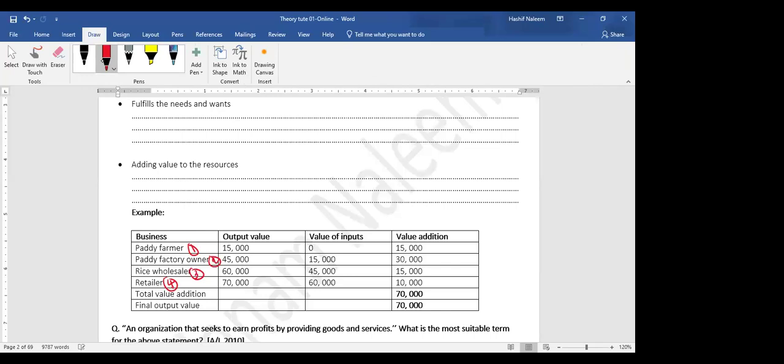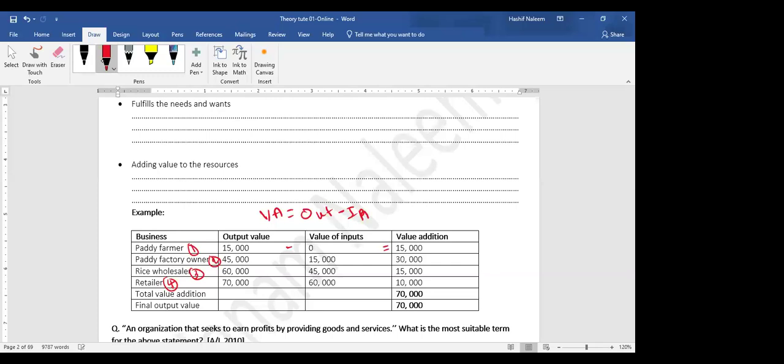So the output here is 15,000 minus 0. The value addition is 15,000. The paddy farmer has contributed 15,000 of value addition. Output minus input. Is it clear?